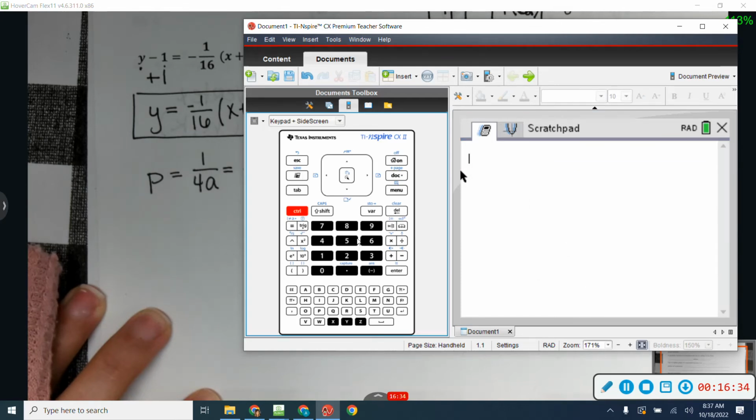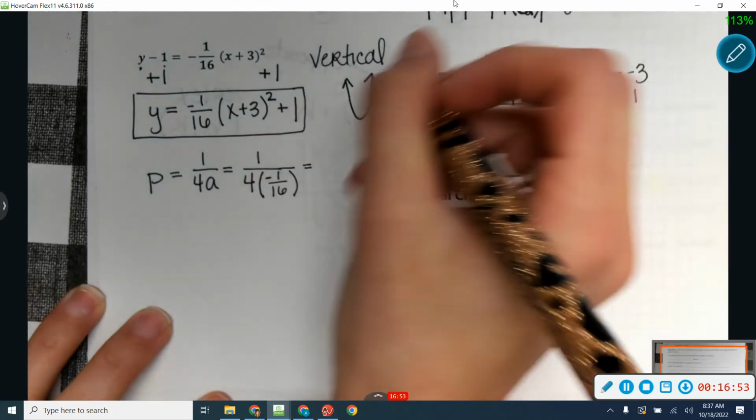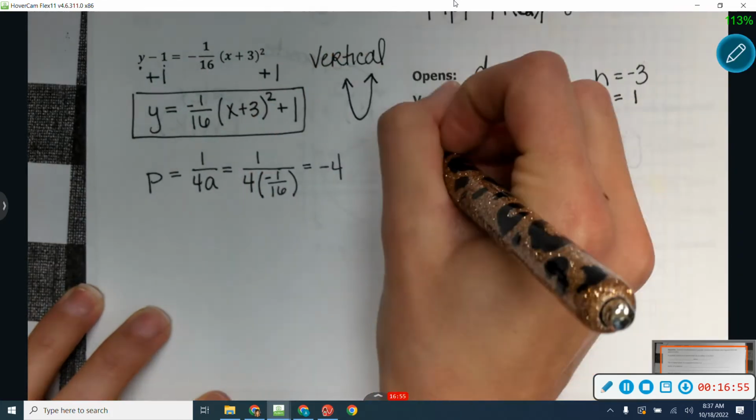And I'm going to have 1 over 4 times my negative 1 over 16. Y'all get negative 4 when you type it in? Okay. So p is negative 4.